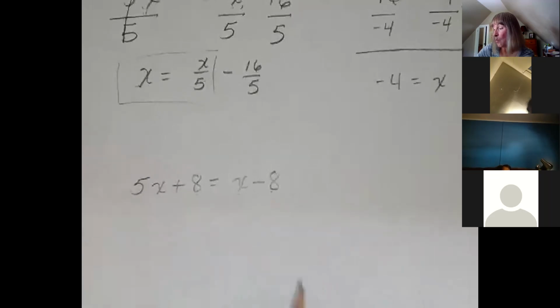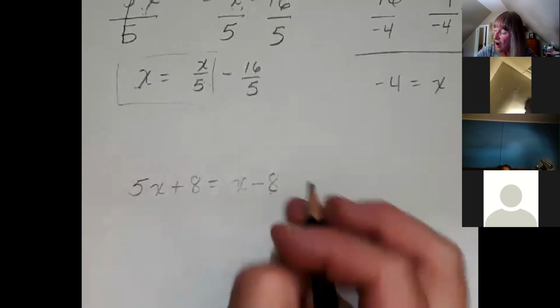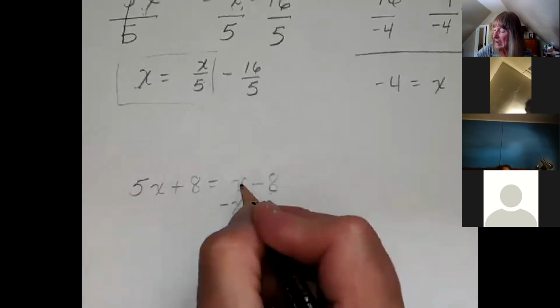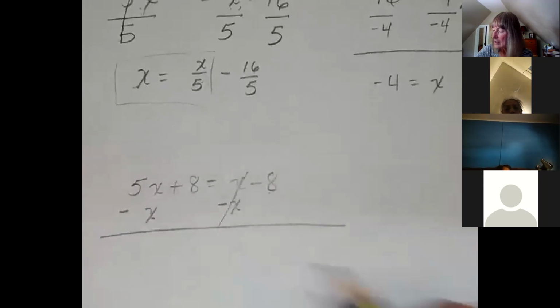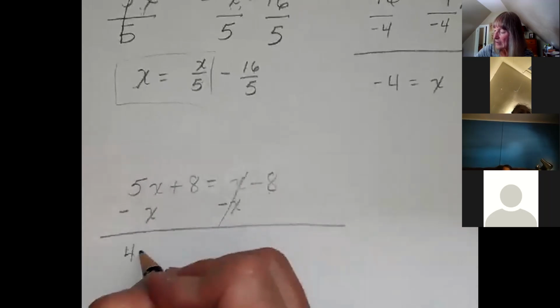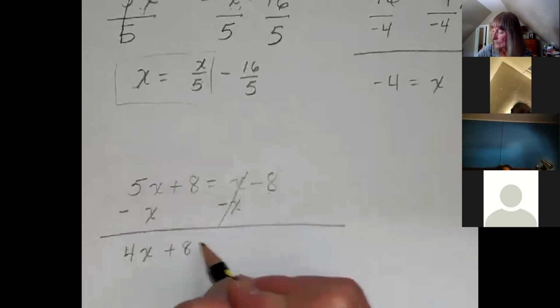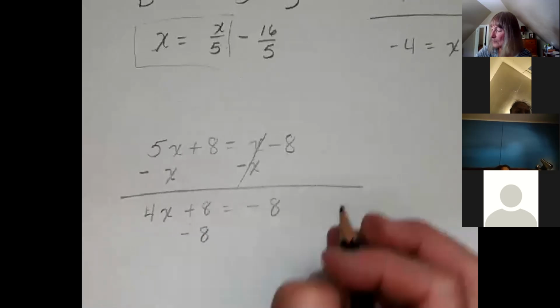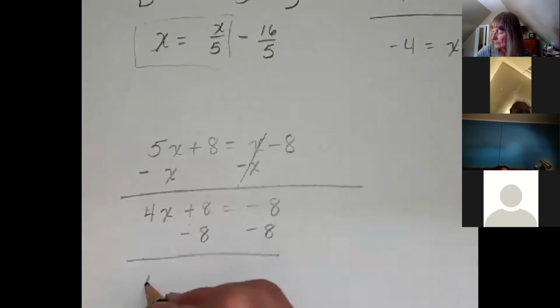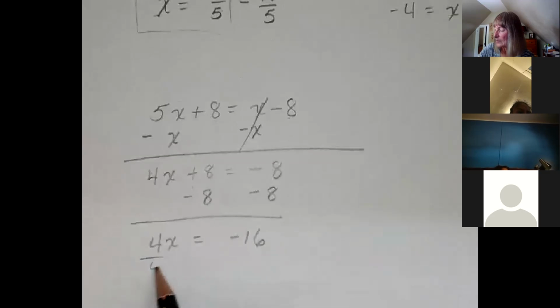So the one thing that we could have done first would be just to subtract x from both sides. 5x minus x gives us 4x. Then I'm supposed to subtract 8 from both sides. Divide by 4. X equals negative 4.